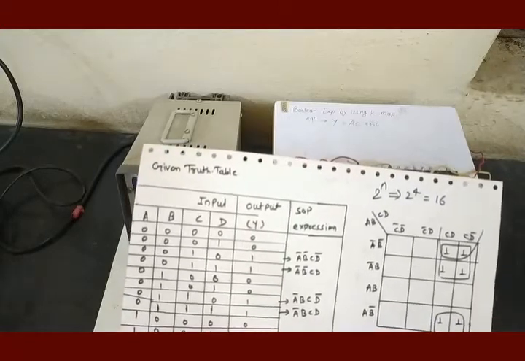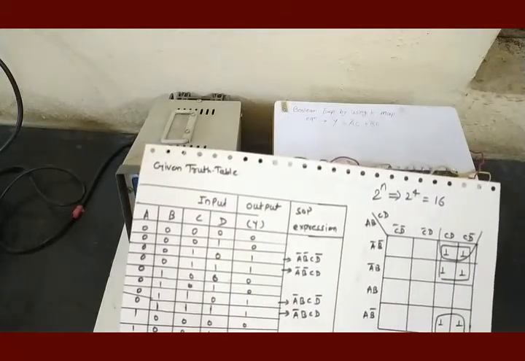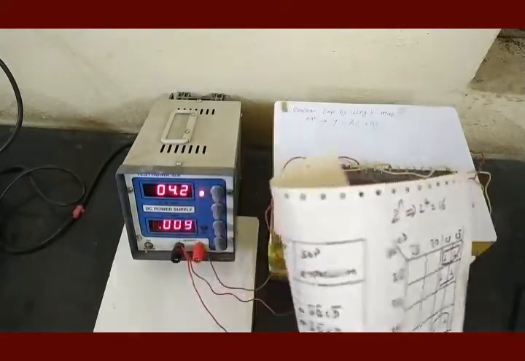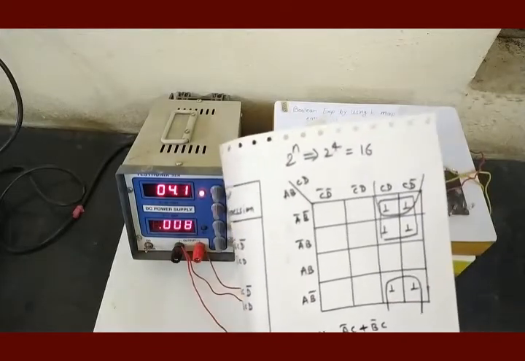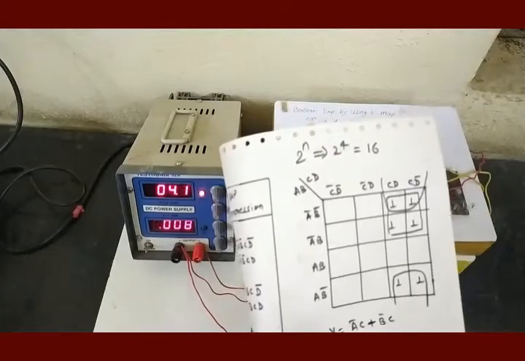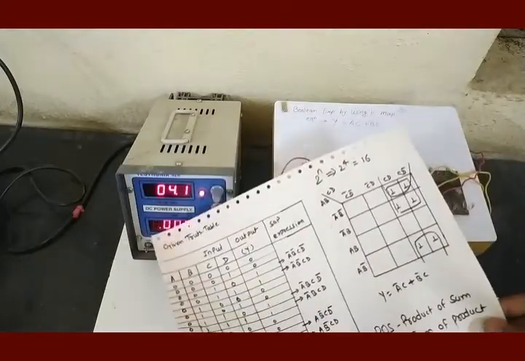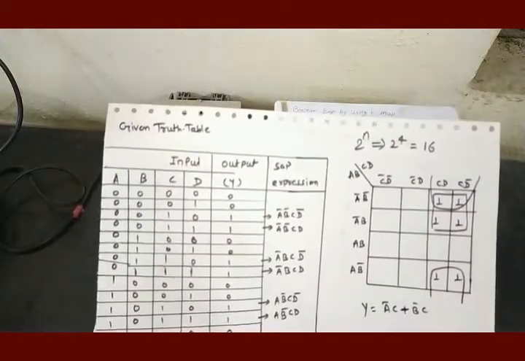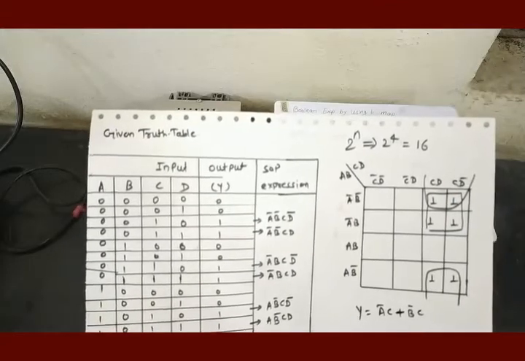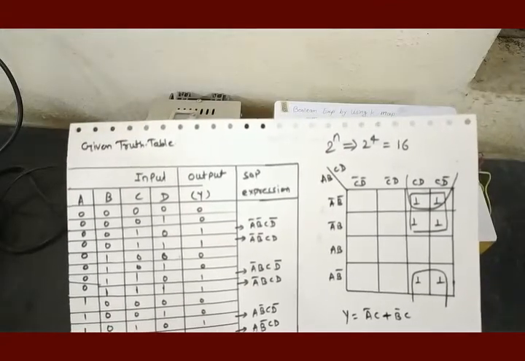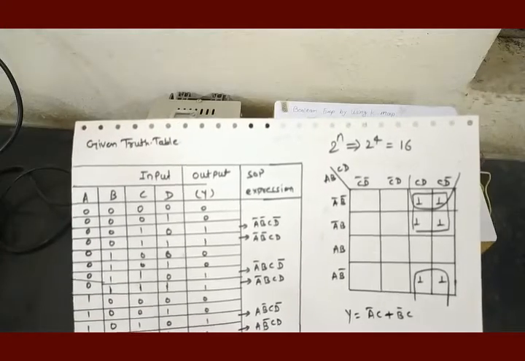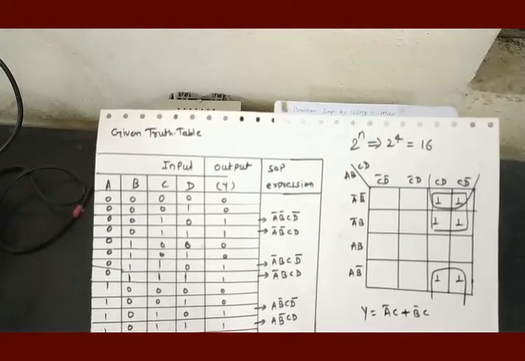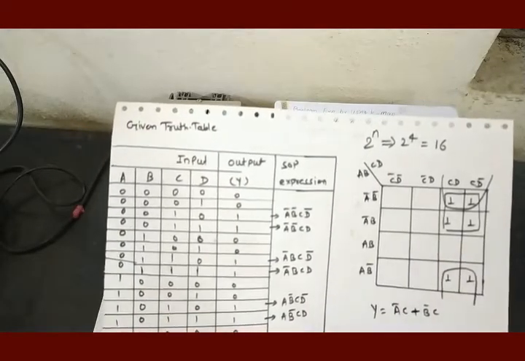When we simplify the Karnaugh map, we use various concepts. We use the concept of pair, the concept of quad, and the concept of octet. These 3 are the main concepts used for simplification of the Karnaugh map to get a simplified Boolean expression for the given truth table. These 3 basic concepts are not sufficient, and therefore other ways are also provided in addition to forming a pair, a quad, and an octet.